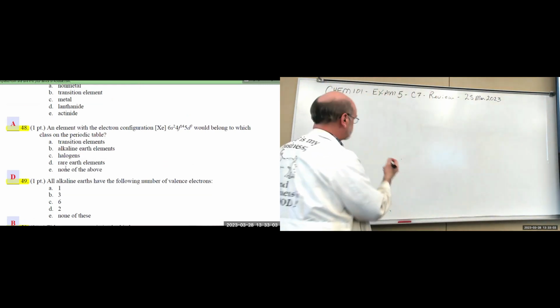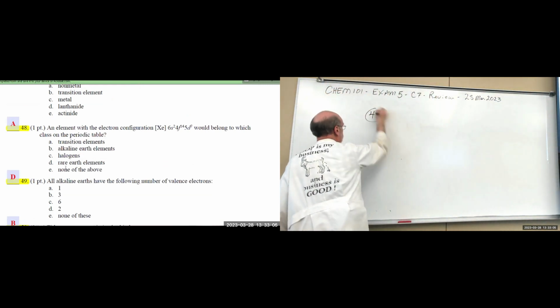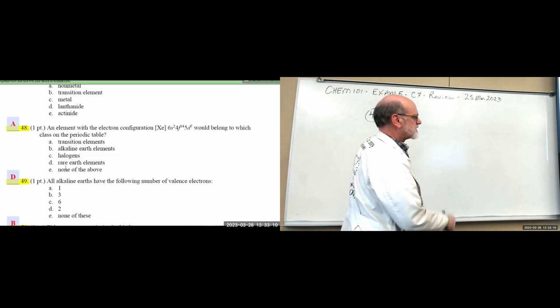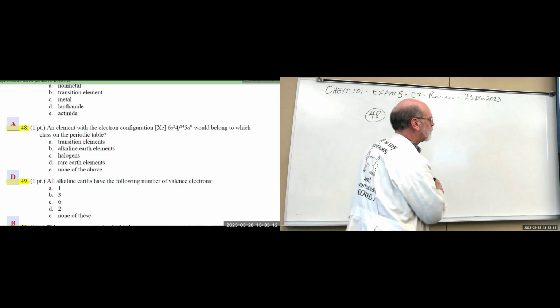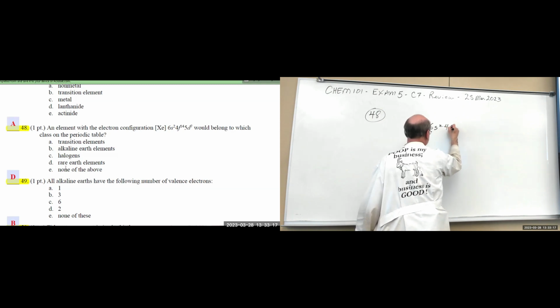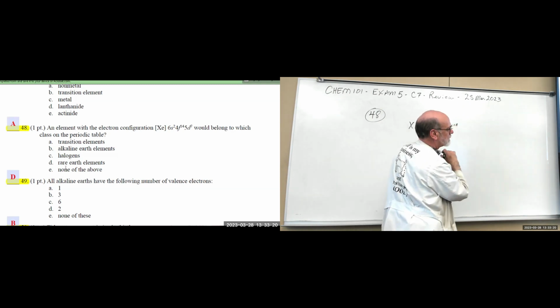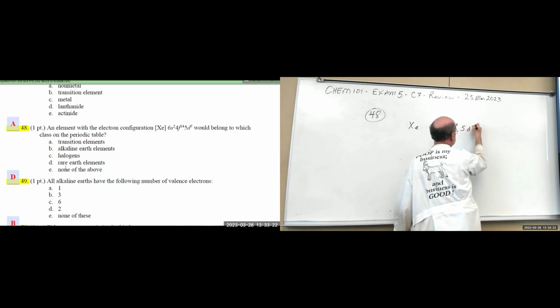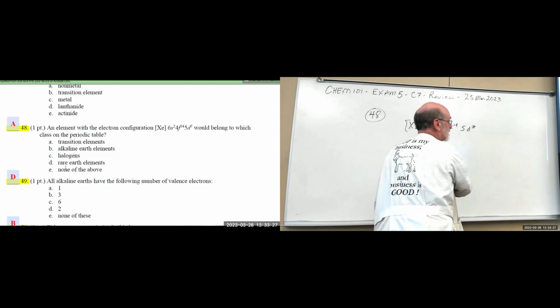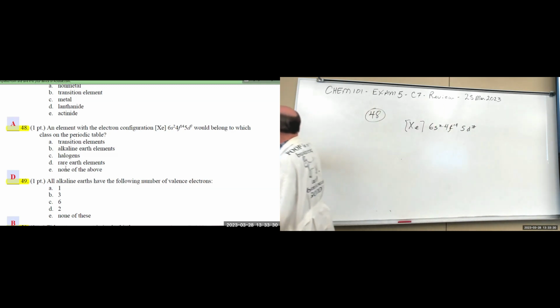49. An element with electron configuration xenon, 6s2, 4f14, and 5d7. All right, so we're at xenon, and then we've gone through 6s, and then here we went down with that, finished that one off, and then we came back up here.